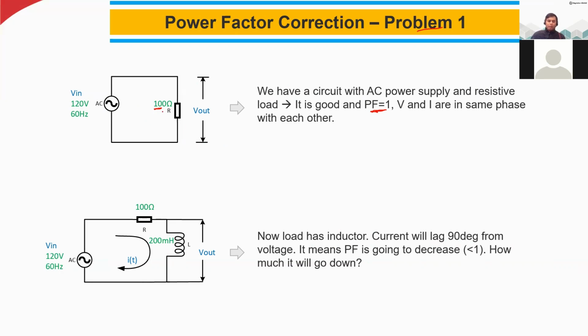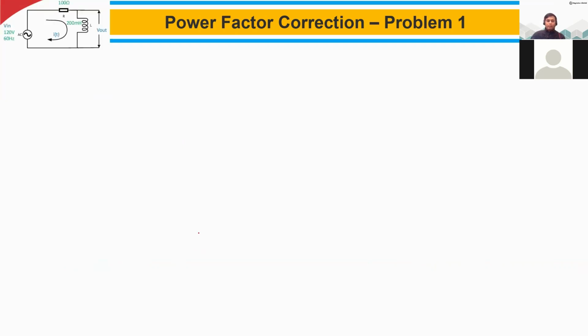Now we have 100 ohms here and a 200 millihenry inductance. Because of this, the power factor got affected. That is the theory. Now we have to find how much it got affected. We can use the mathematical formulas now.